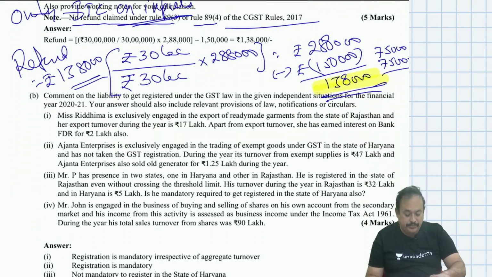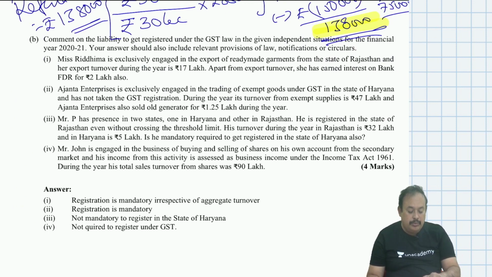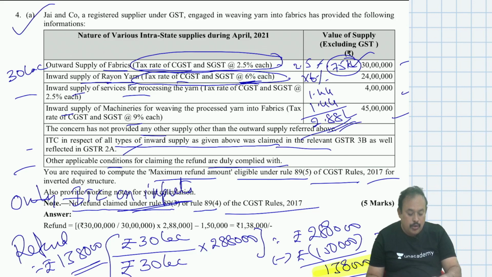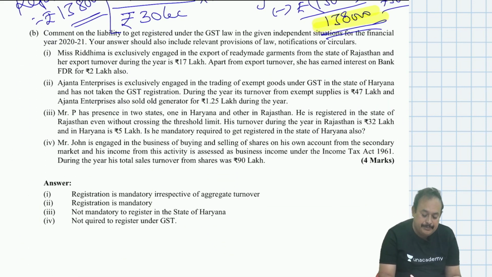Further, question number 4, sub point B, I am referring here. Comment on the liability to get registered under the GST law in the given independent situations for the financial year 2021.